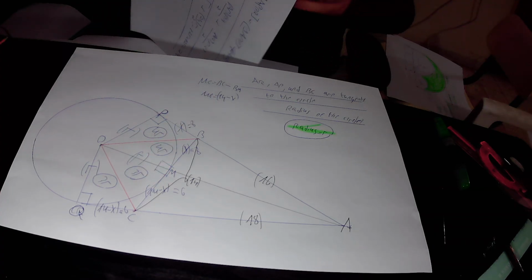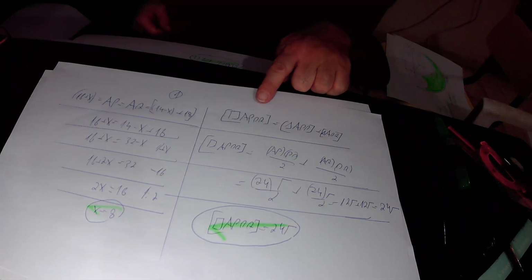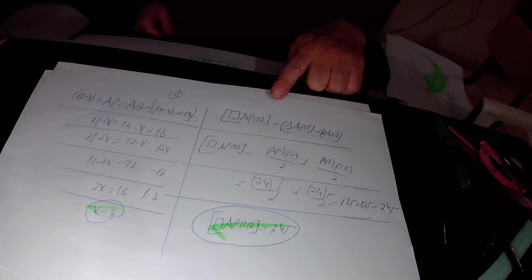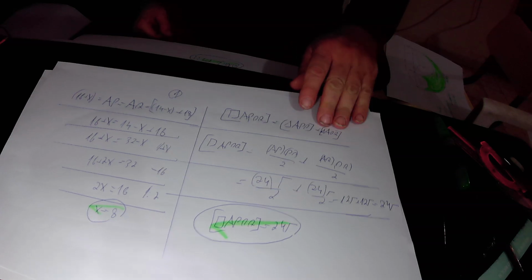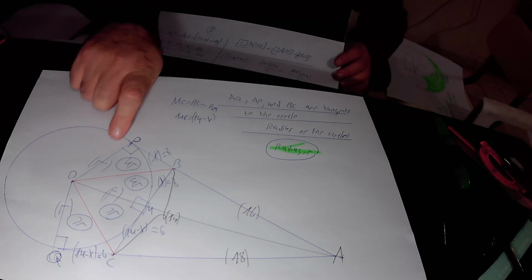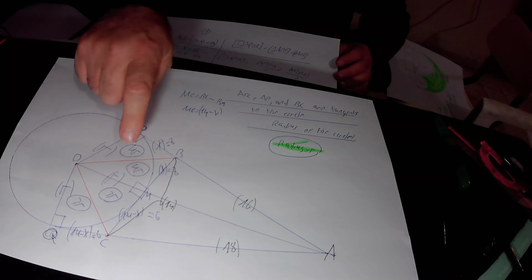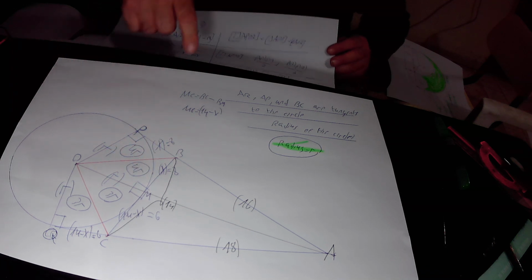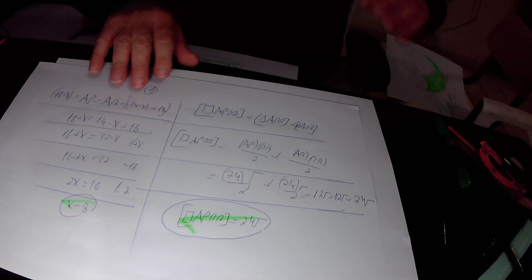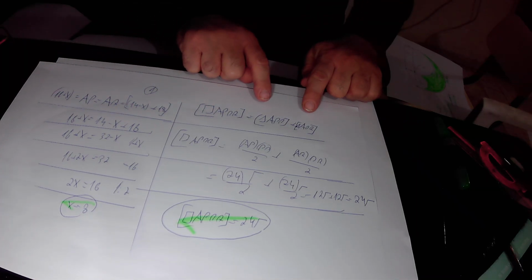The area of the big quadrilateral APOQ must be equal to the sum of the areas of the two components that it consists of.